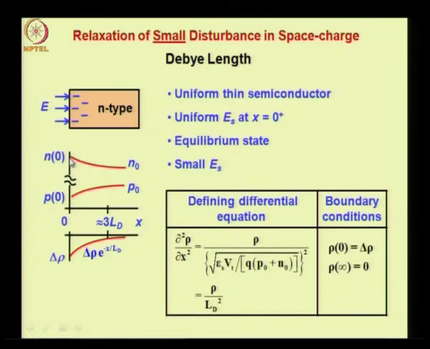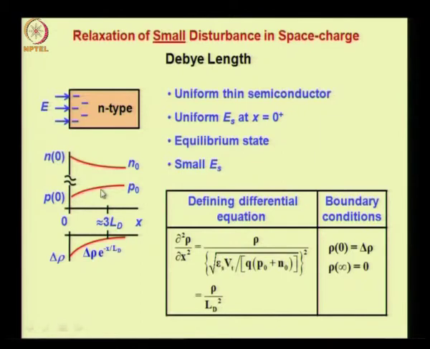In this case, the electron concentration, which is elevated at the surface because of attraction of electrons by the electric field, decays exponentially to the equilibrium electron concentration in the bulk, under charge neutral conditions. Because it is equilibrium, the pn product is ni square, and the hole concentration rises to the concentration under space charge neutral conditions, p naught.